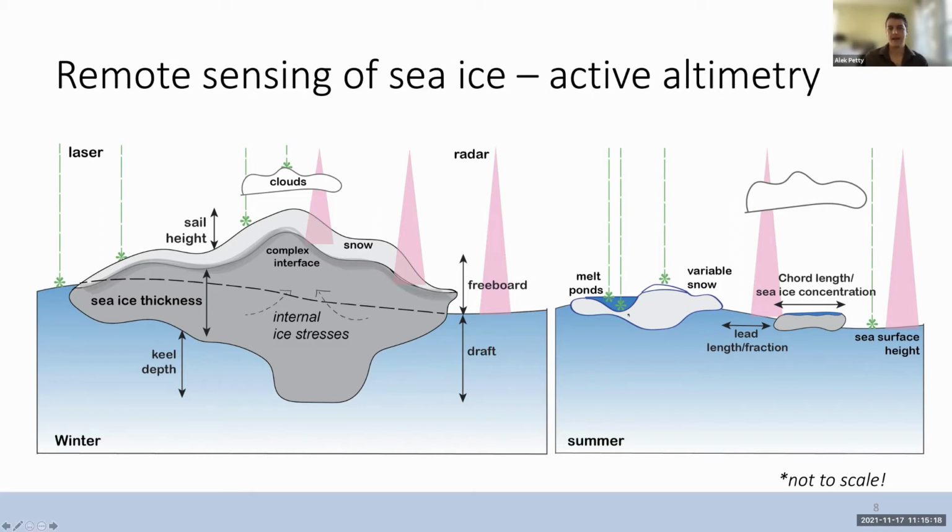In summer, we have added complexity from melt ponds. Similar to passive microwave challenges, it's hard to differentiate melt ponds on top of the ice from leads and open water openings next to the ice. But again, for freeboard calculations, that's a problem, because the surface of a melt pond is going to be slightly different to the surface of the lead or sea surface.